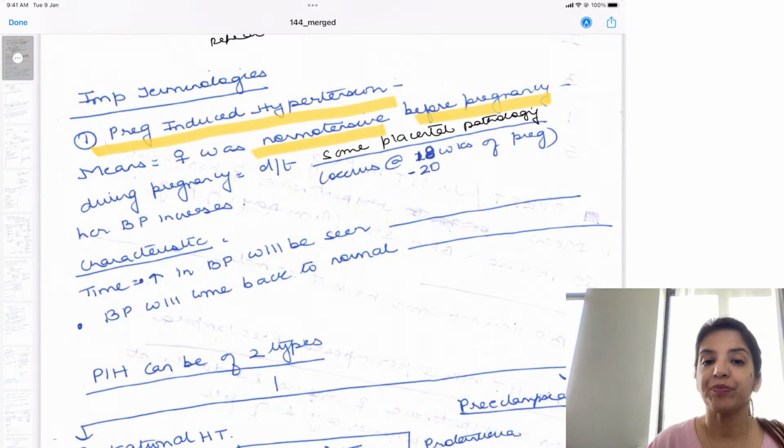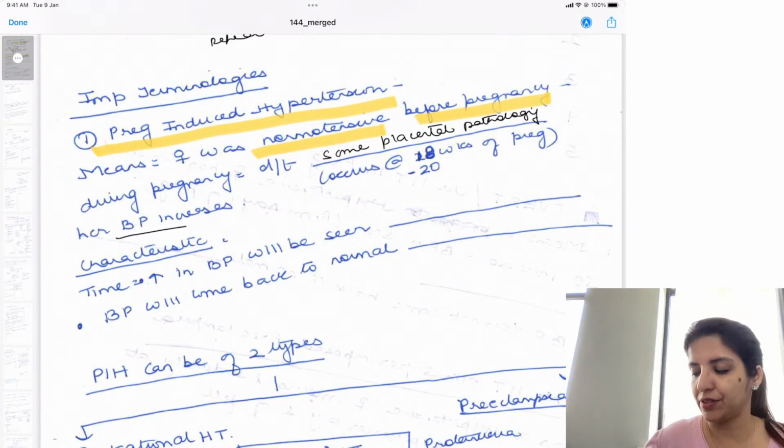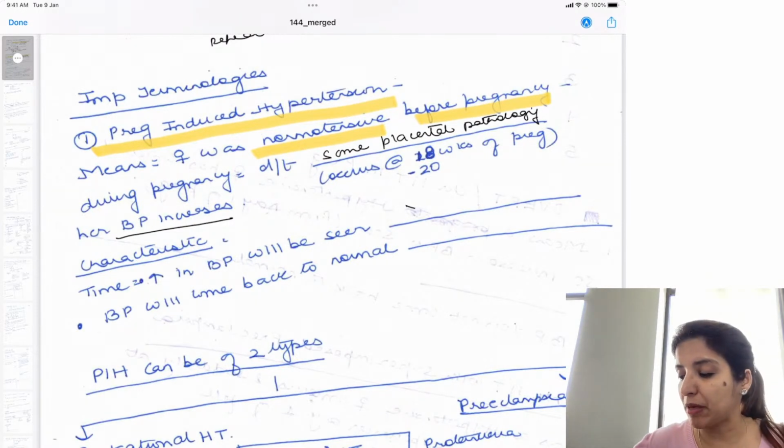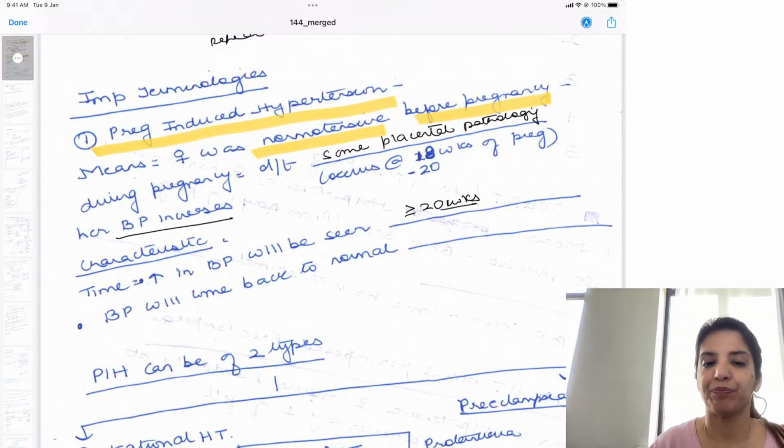Simply remember that due to some placental pathology, and this placental pathology happens around 18 to 20 weeks, her BP increases, right? So in pregnancy-induced hypertension, the increase in BP will be seen at more than equal to 20 weeks, right?